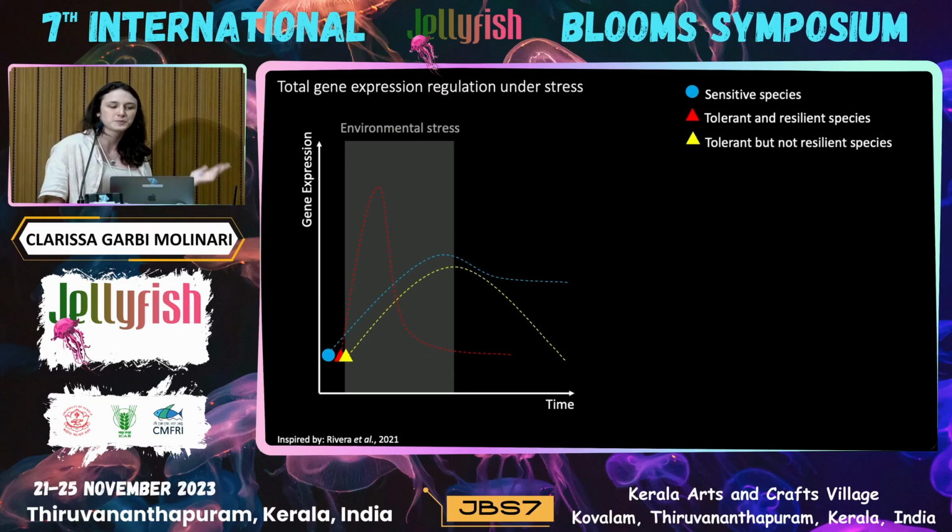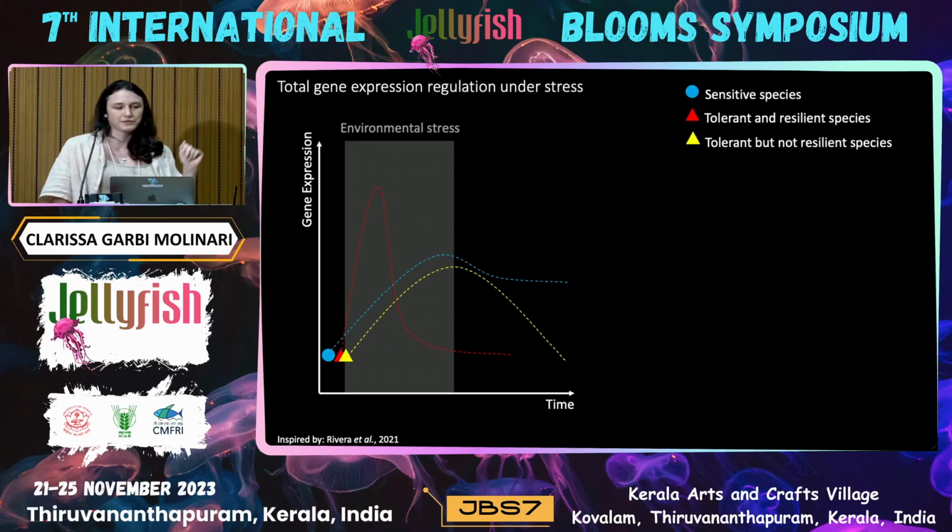The sensitive species would not go back to the baseline after the environmental stress, while the tolerant and resilient species, for example, will have a very quick response to the stress and then quickly go back to the baseline. And the tolerant but not resilient species would slowly respond to stress and slowly go back to the baseline of gene expression.